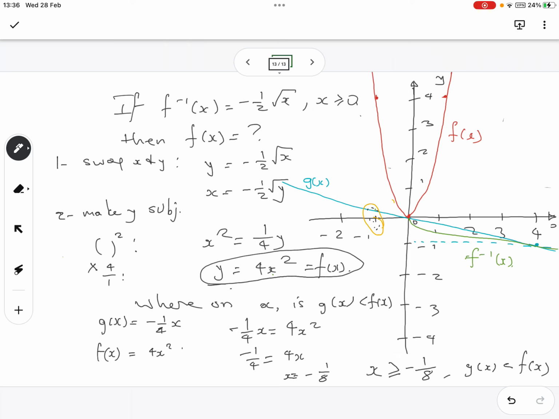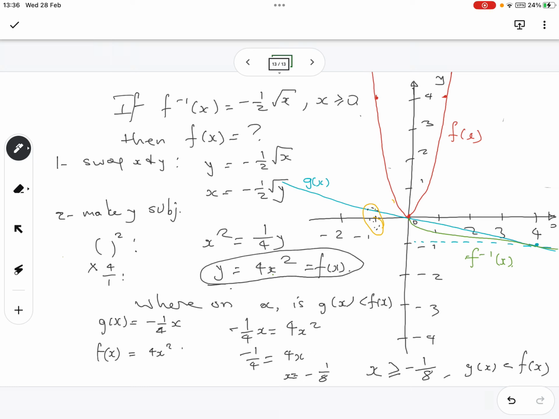Let's work with x is positive 1 over 8 and substitute that into g of x. Negative a quarter times positive 1 over 8 will give us negative 1 over 32. And then let's substitute the same positive 1 over 8 into f of x. 1 over 16. So which one's greater? 1 over 16.